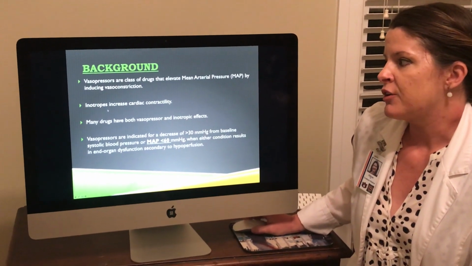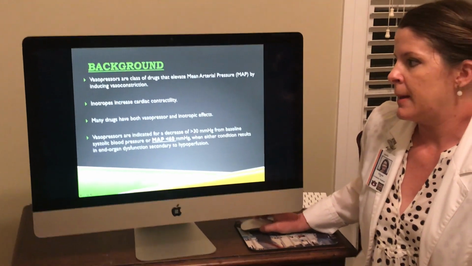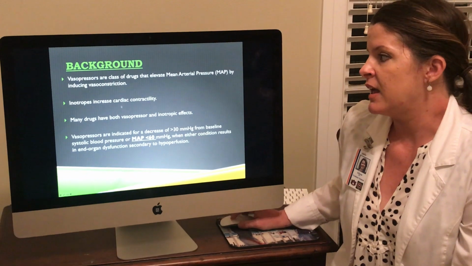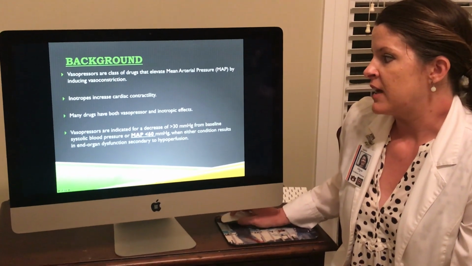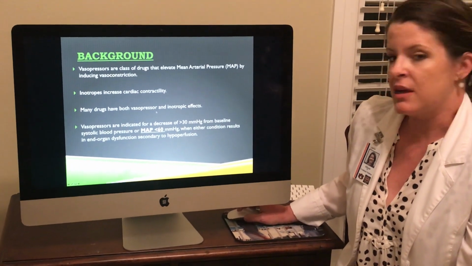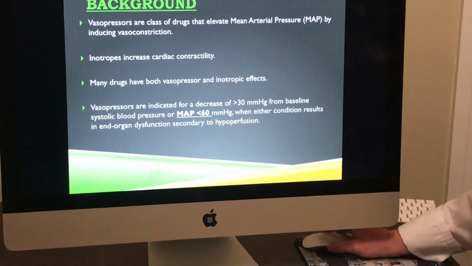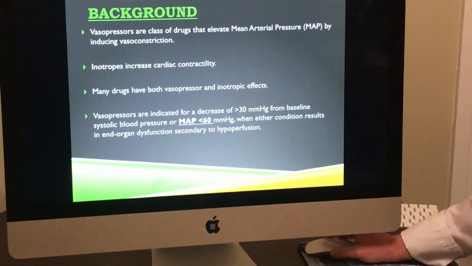Inotropes increase your cardiac contractility, and many of the vasopressors have an inotropic effect and a chronotropic effect, meaning that they're going to increase your heart rate and increase your contractility, or one or the other.